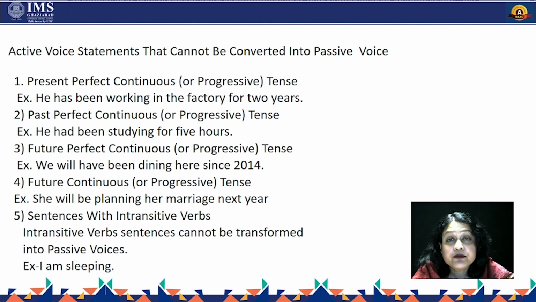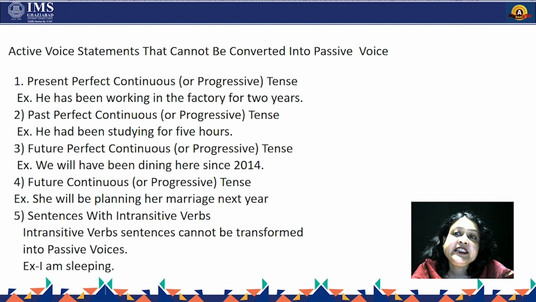There are some active voice statements that cannot be converted into passive voice, like present perfect continuous tense, past perfect continuous tense, future perfect continuous tense, future continuous tense, as well as intransitive verbs, which I was talking about in the previous slides.